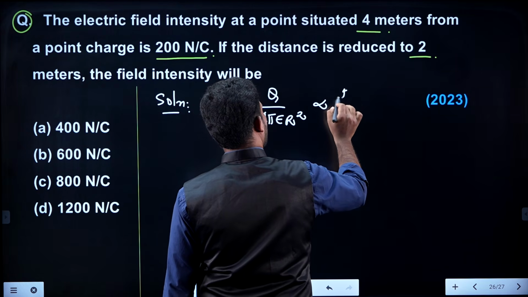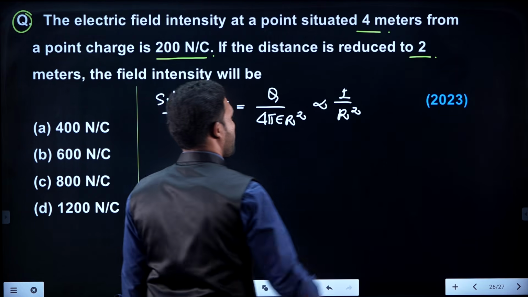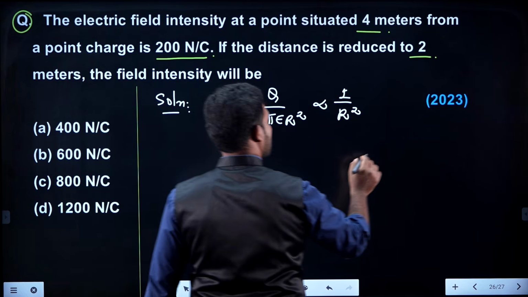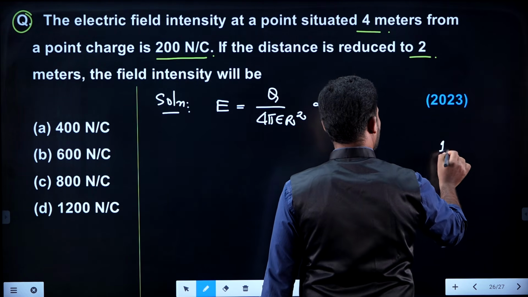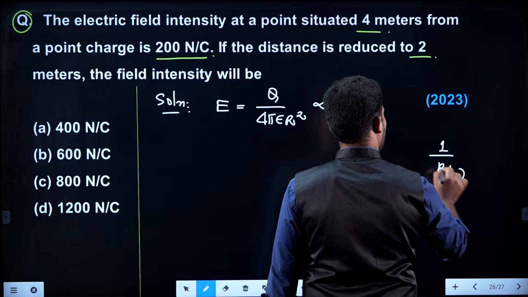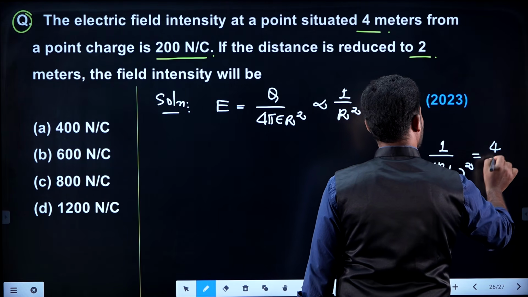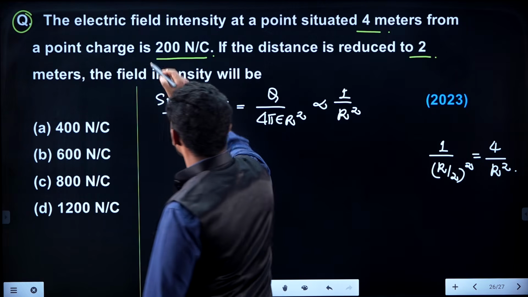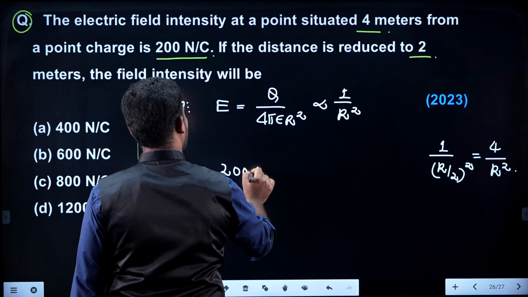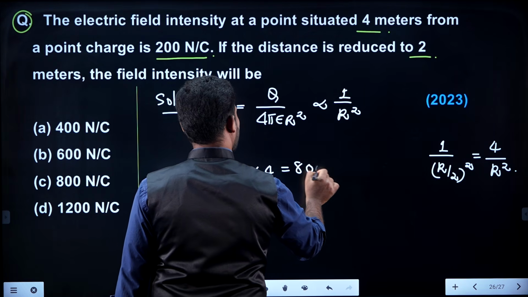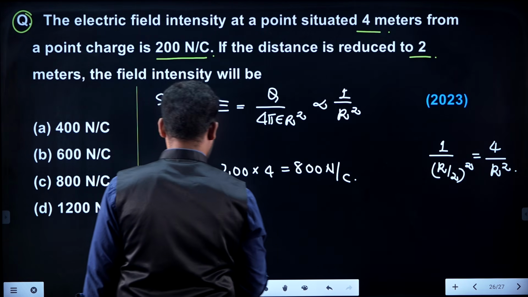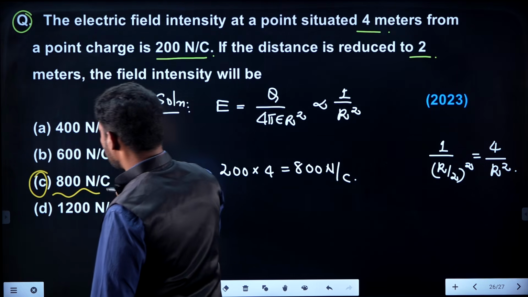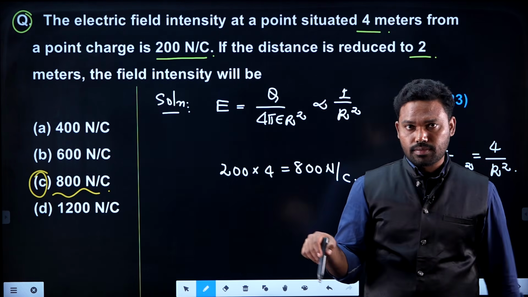So, it is dependent on the distance as 1 by r square. Suppose the distance is halved, then it is 4 divided by r square, so this must be multiplied by 4. So, 200 into 4 is 800 Newton per Coulomb. Such simple questions are also asked.